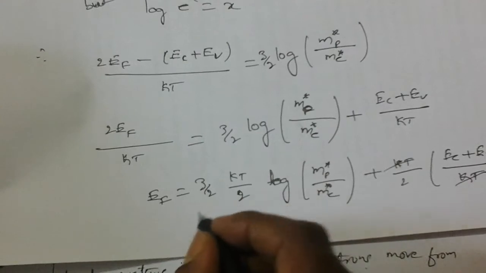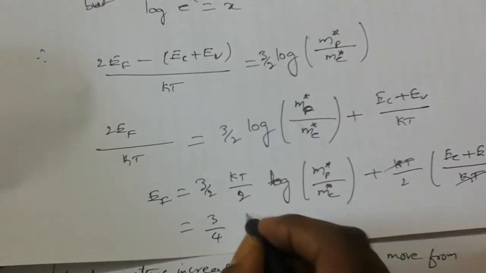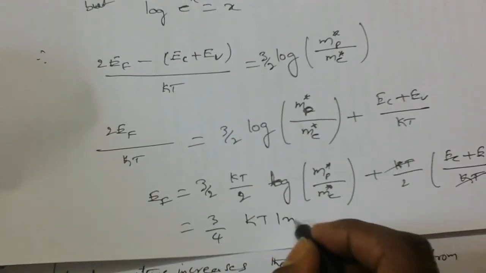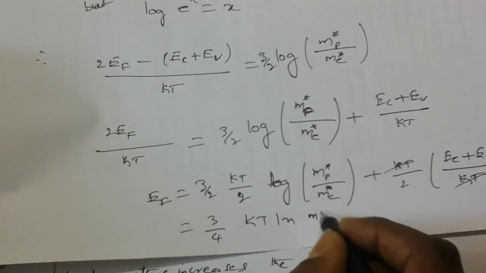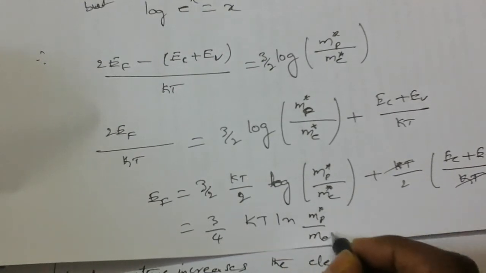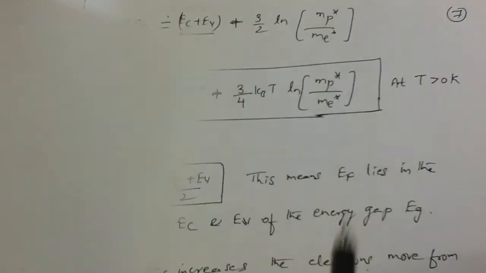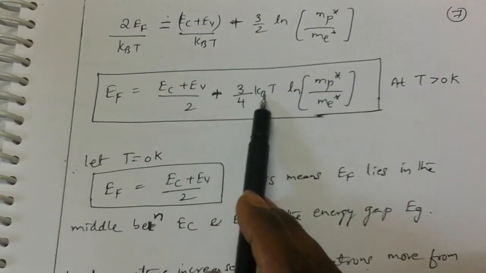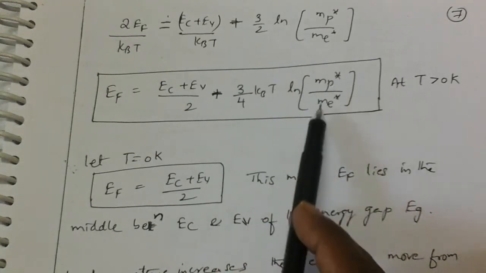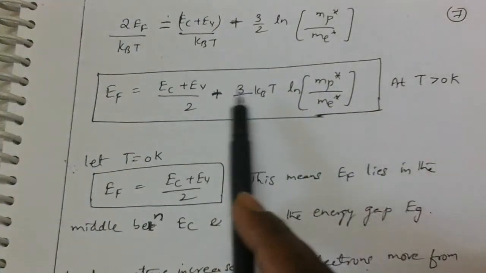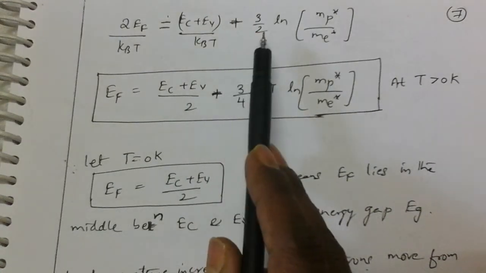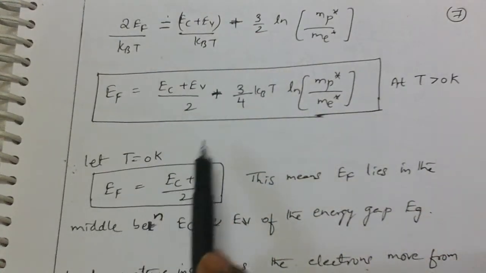So like this you are getting 3 by 4 KT logarithm of MP star by ME star. So here we are getting like this.